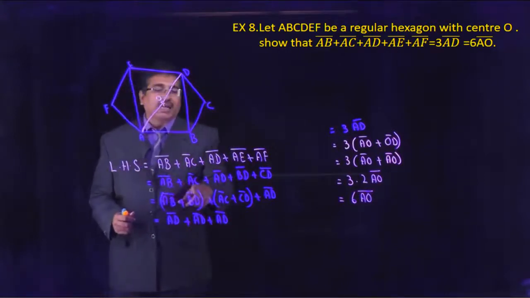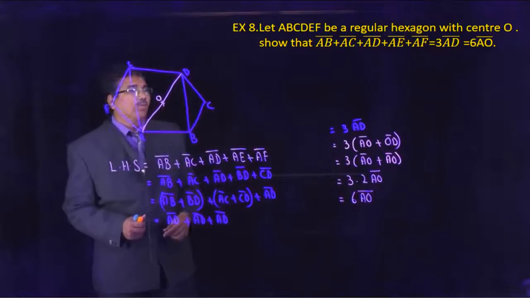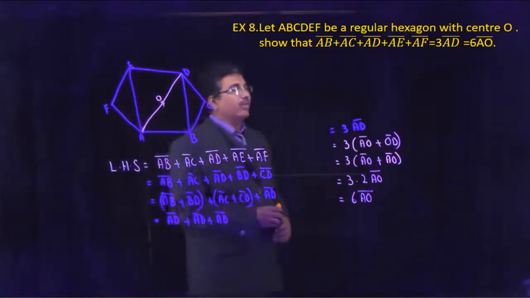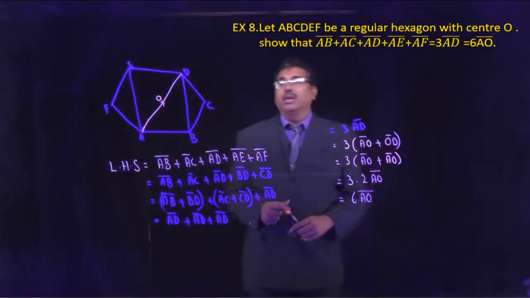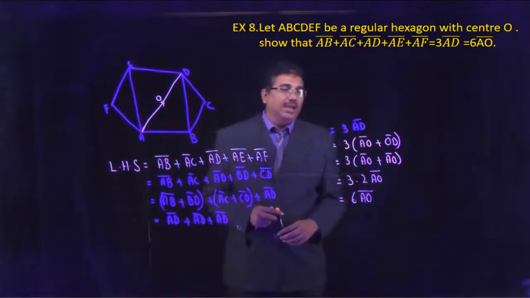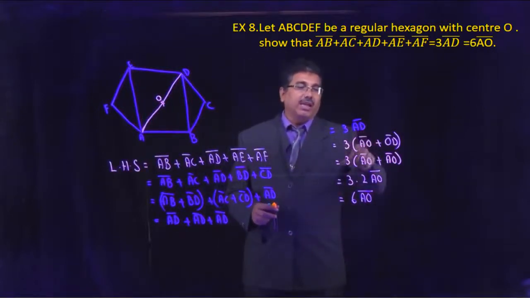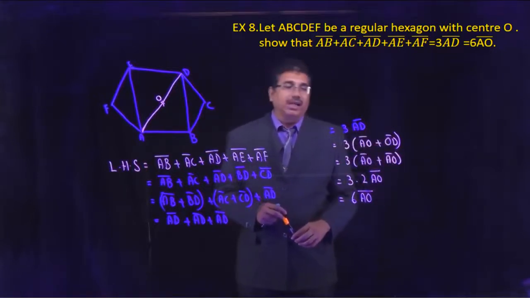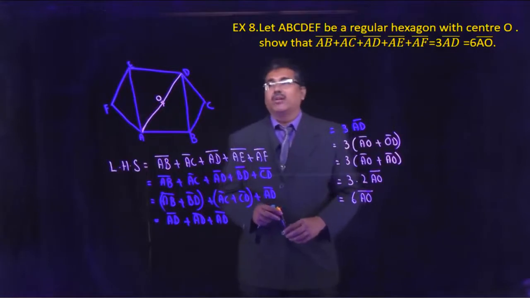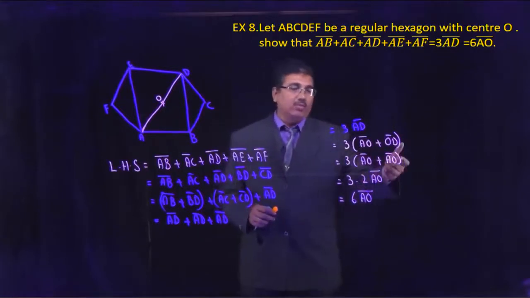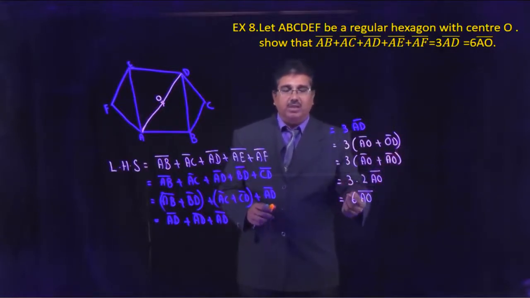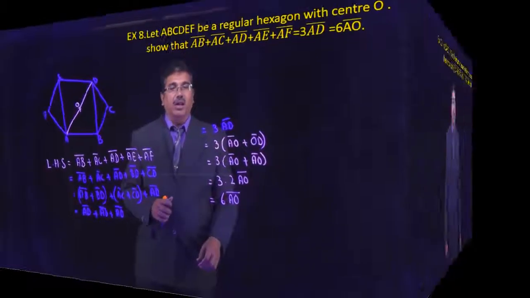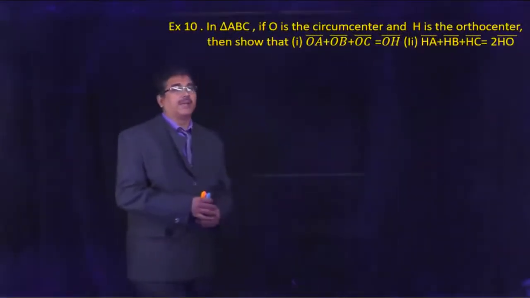Adding the corresponding vectors, we get 3 times AD bar. Since O is the midpoint of AD, this can be written as AO bar plus OD bar, and OD bar is the same as AO bar, so it is equal to 6 times AO bar. Let us see the next problem.